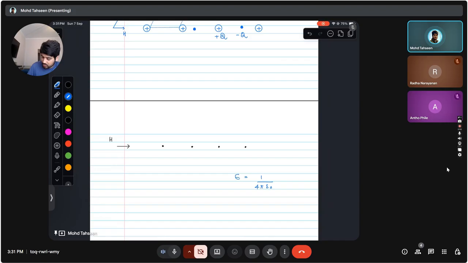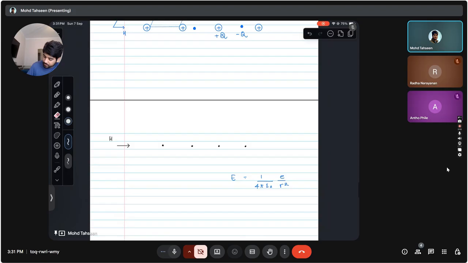Now in this case they are both equal, divided by r square. This is actually the expression for force, right? And if we want the expression for field, we have to divide by one charge, plus or minus, right? So this would be the electric field produced by the ions as well as the electron.